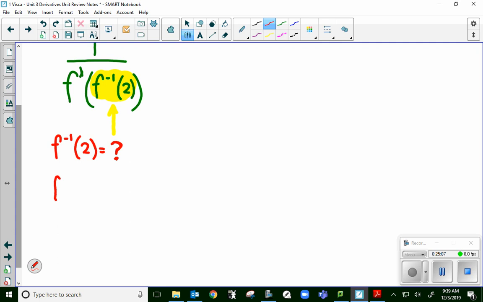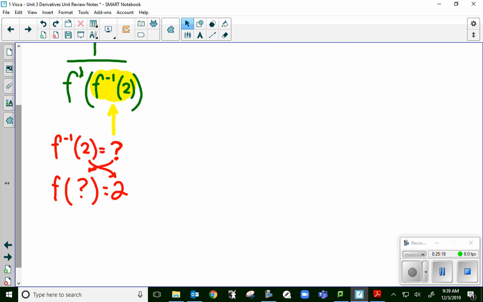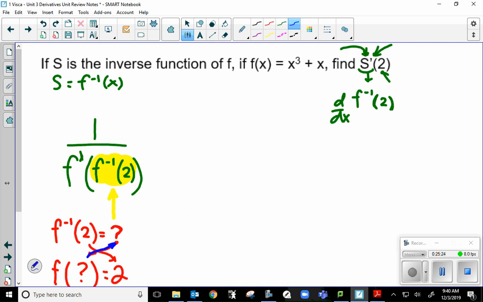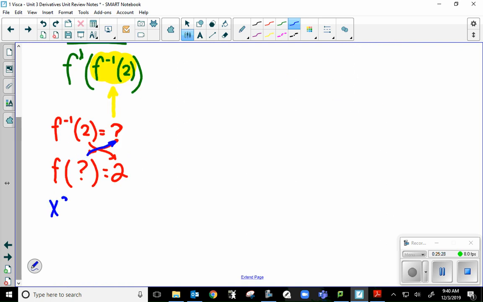I have the inverse. So what about my regular equation? Well, I'm trying to find out what input would give me 2, because that will help me backtrack and then find my inverse solution here. So my original equation, x cubed plus x, would equal 2.